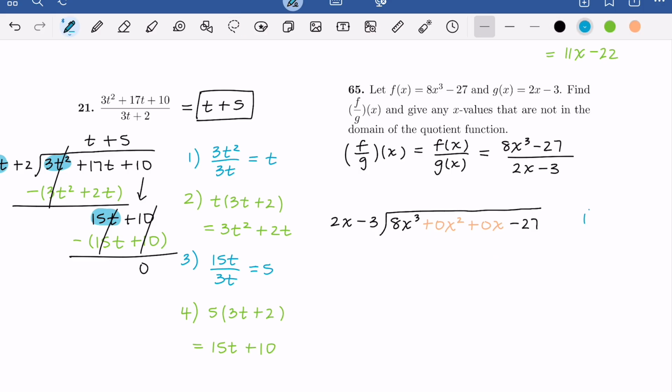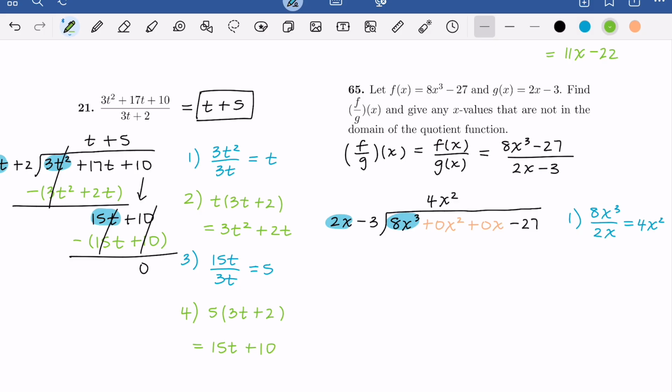For our first step here, we're going to take this leading term and divide it by this leading term. We're going to have 8x cubed divided by 2x. This is going to give us a 4x squared. So this is going to be the first term in our solution.